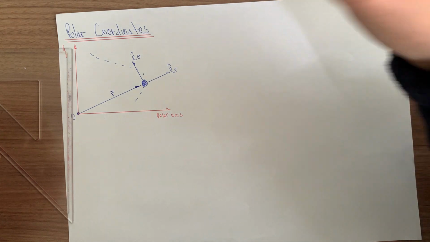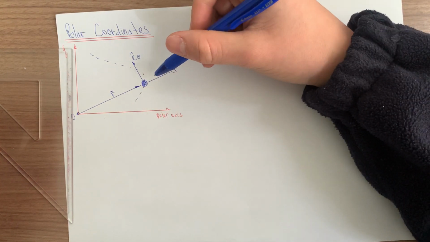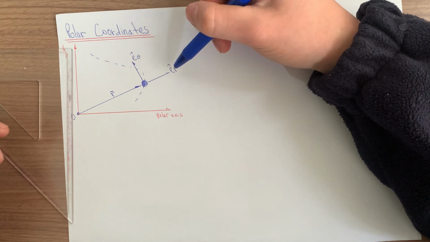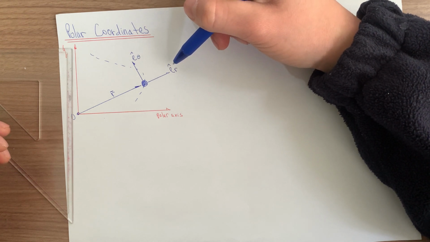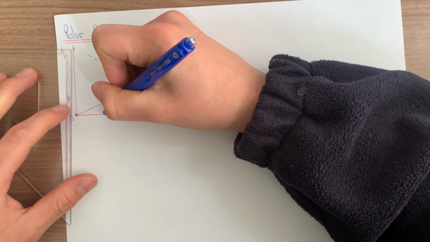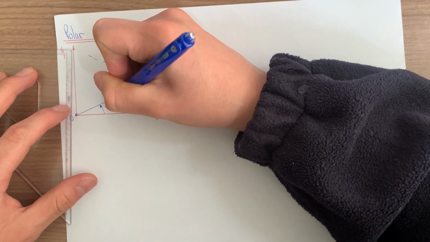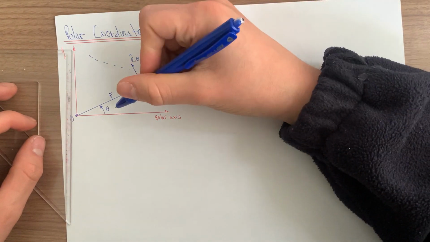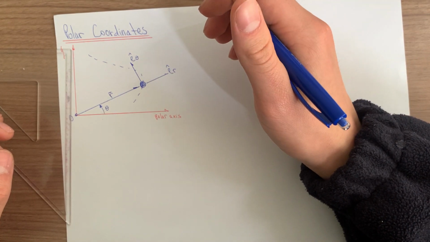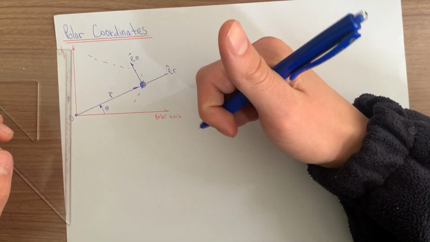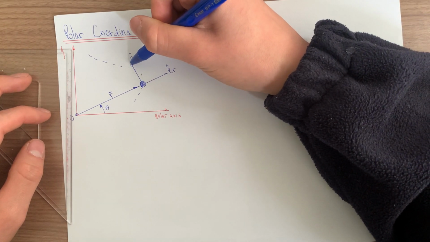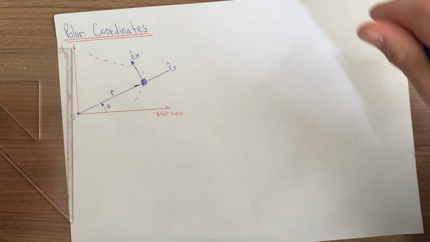What matters is that the radial goes in the same direction as the radius, and the transverse vector always goes perpendicular to the radial vector and also in the same direction as the growth of the angle theta. So here we have theta that grows anti-clockwise, like this. So the transverse vector grows in the same direction.